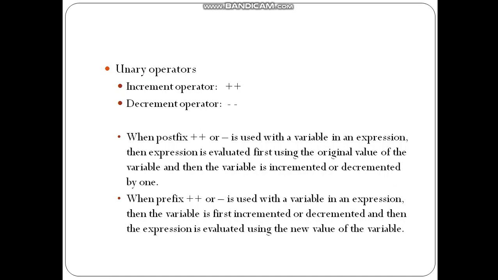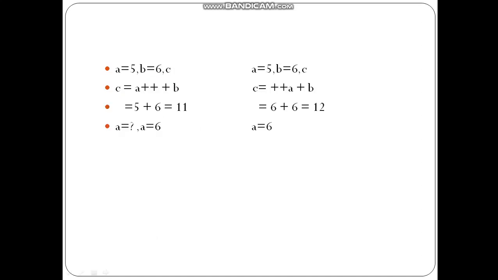Now, to explain postfix and prefix better, let me explain increment and decrement operators using an example. Here I have a equal to 5, b equal to 6, and c is another variable. Now c equal to a plus plus plus b.